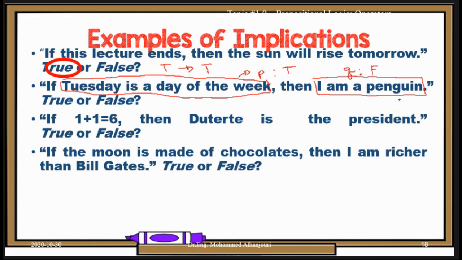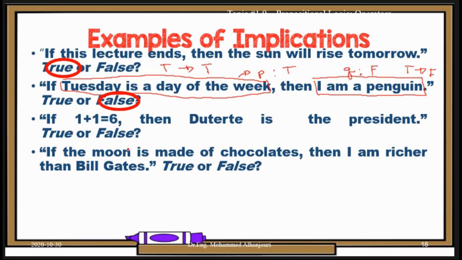Hindi ako penguin. So we have T implies F. If you have a true hypothesis and a false conclusion, then the whole compound proposition will be false.